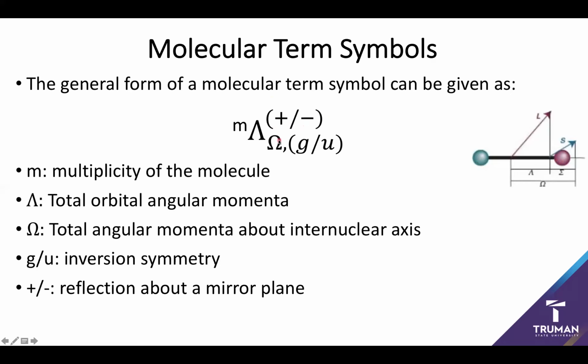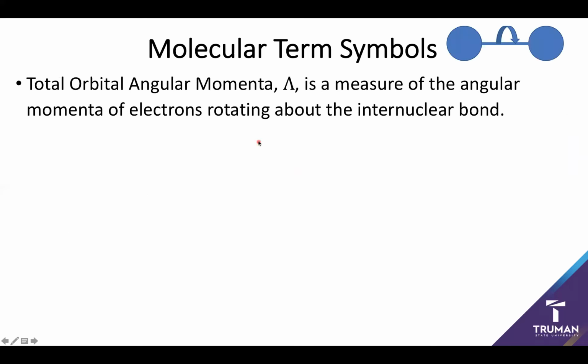Let's go ahead and try and break them down piece by piece. So we're already pretty familiar with multiplicity. So let's go ahead and work a little bit with that angular momentum. So this is going to be the measure of angular momentum of the electrons rotating about the internuclear bond. And it's this rotation about the internuclear bond that becomes a really key feature.